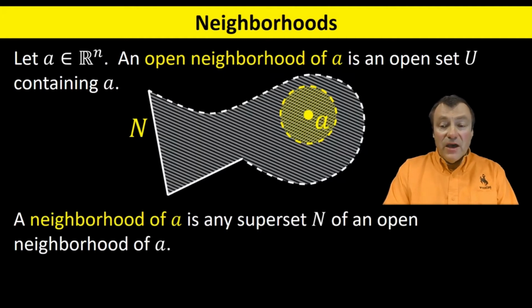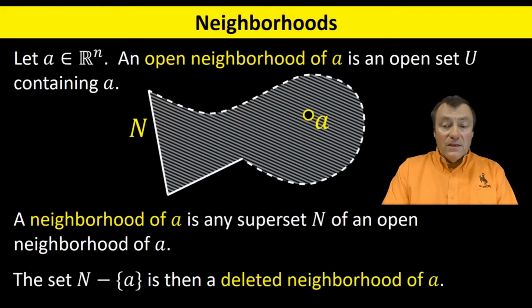Sometimes we just talk about a neighborhood of A. That's any set containing an open neighborhood of A. In my picture, N isn't an open set, but it does contain an open ball centered at A, so it's a neighborhood of A. And sometimes we talk about a deleted neighborhood of A. This is just a neighborhood of A with the point A removed.